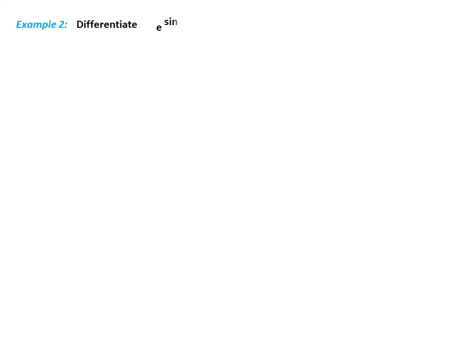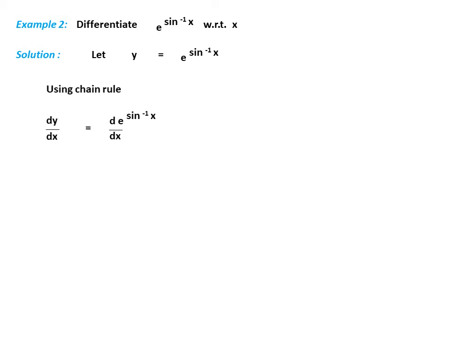Next, example 2. Differentiate e power sin inverse x with respect to x. So let y equal to e power sin inverse x. This is definitely a composite function, so you have to use chain rule. Therefore, using chain rule we get dy by dx equal to: first differentiate with respect to the outer function, e power sin inverse x is e power sin inverse x only.